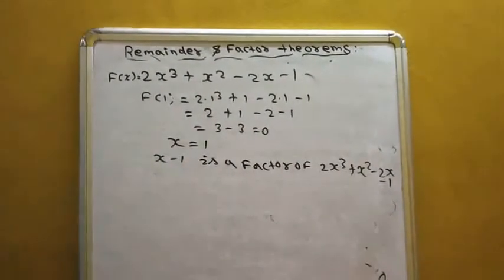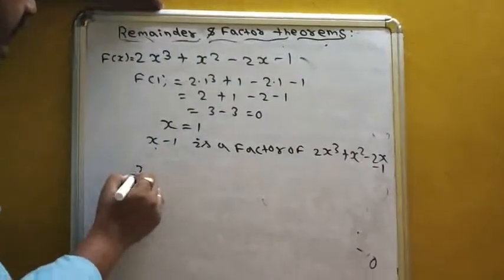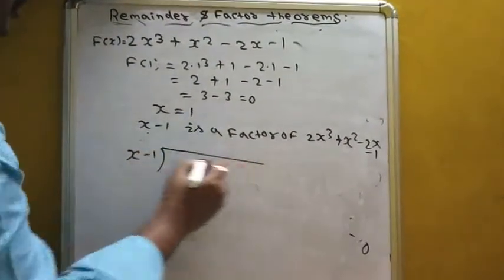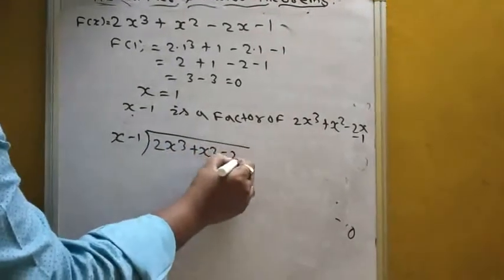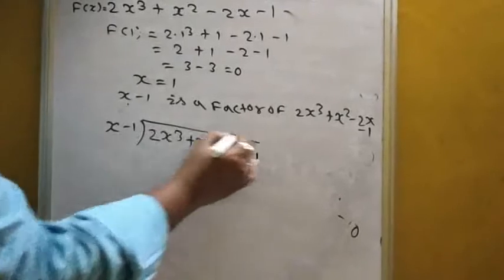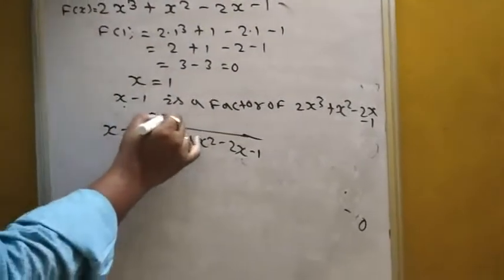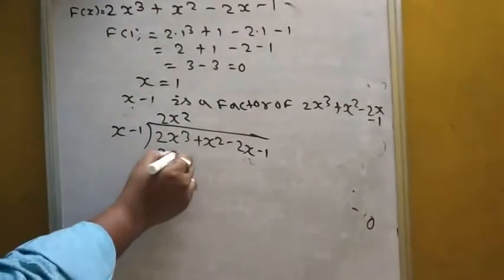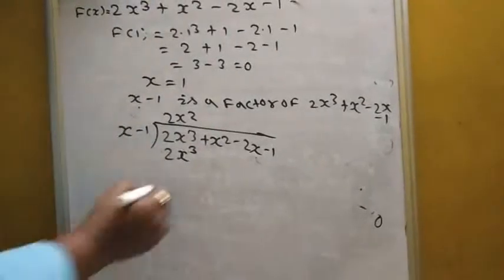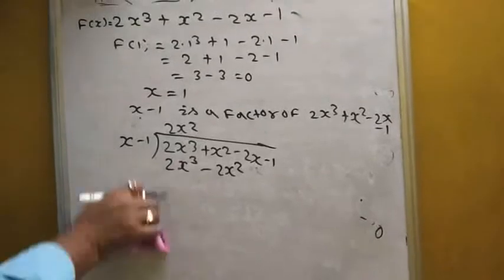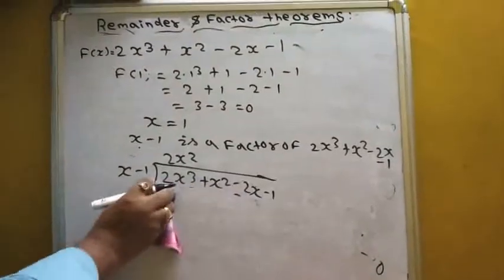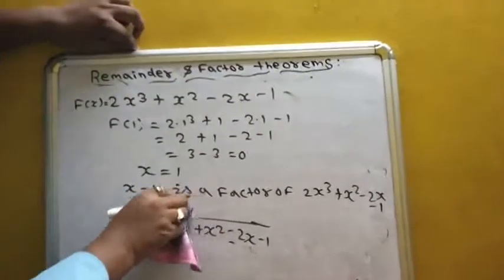How can you find out? First you divide this one, 2x cube plus x square minus 2x minus 1 divided by x minus 1. So here what you write? 2x square. I already told you. Again I am telling you, listen. First what you have to do?